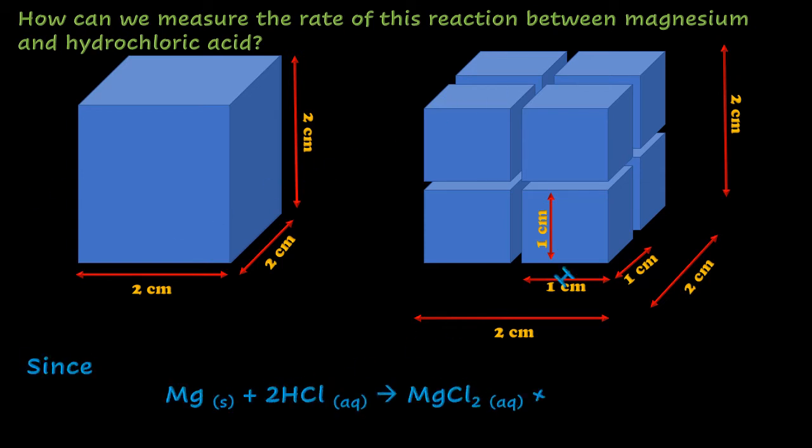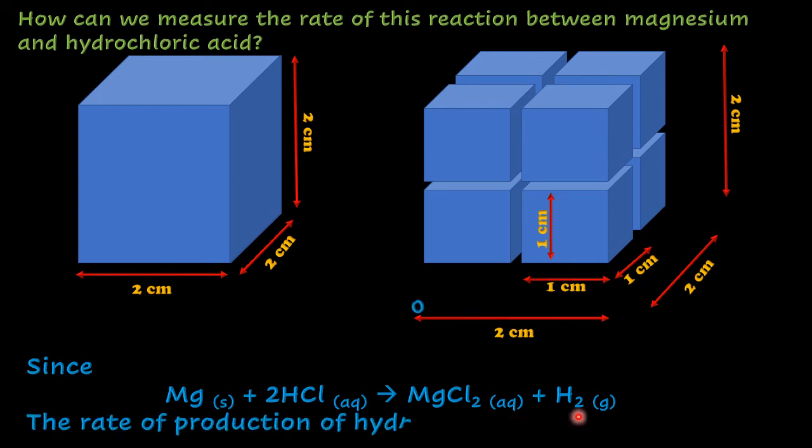Since we know that magnesium reacts with hydrochloric acid to give us magnesium chloride, which is a solution, and hydrogen gas, we can measure the rate of production of hydrogen gas to determine the rate of this chemical reaction.